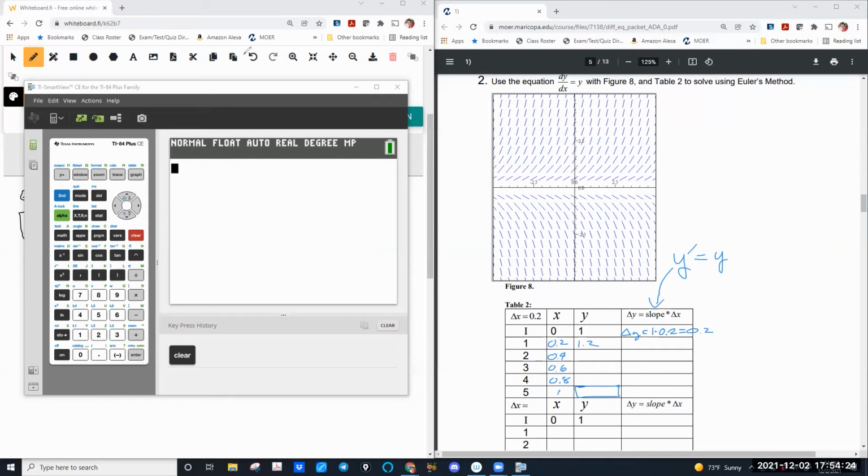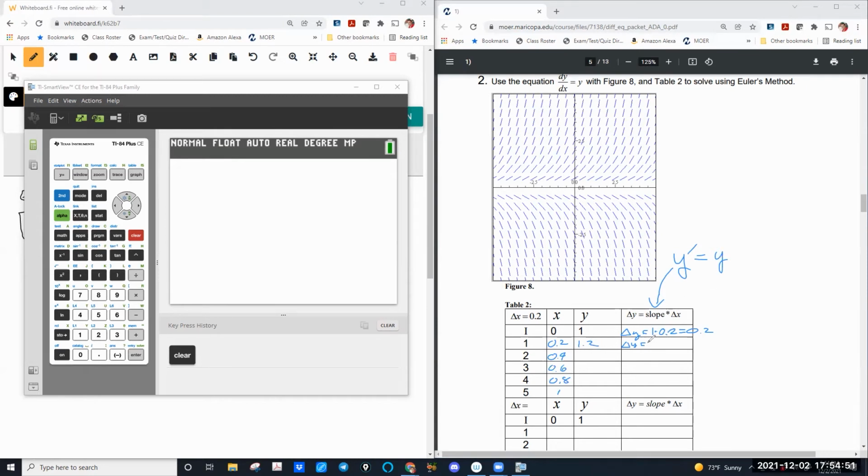Now, again, this is just an iterative process, meaning I do the same thing over and over again. It's just my slope is different because I'm at a different point. So when I go to calculate my delta y this time, my slope, basically you take this whole point, because some of these differential equations will be in terms of x and y. You take this point, you plug it in.